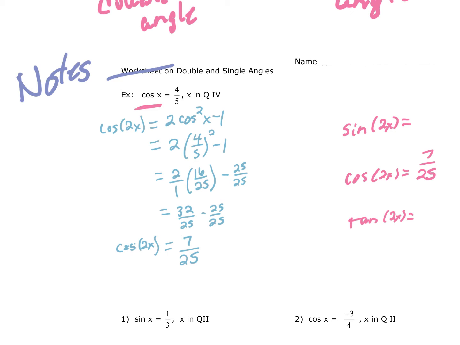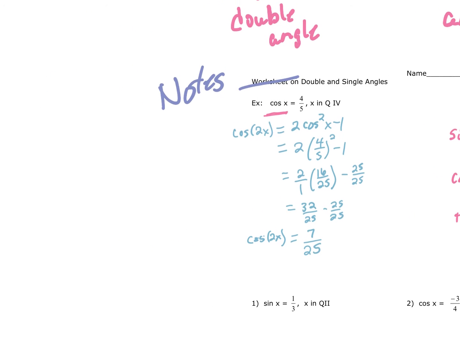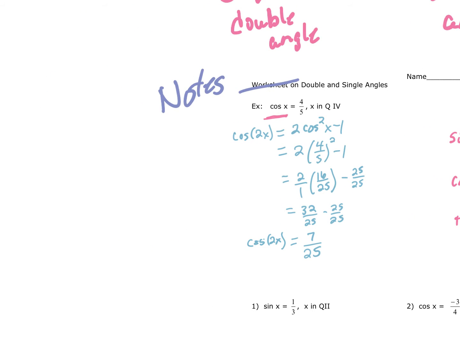But there's one other step that we have to add to this process, because we have to think about the quadrant. Okay? So I'm going to scoot off to the side here to talk to you about this. This piece of information is telling us that the single angle, the cosine of x, that single angle measure, is in quadrant 4. So what that means is that our angle measure is somewhere between 270 and 360 degrees.